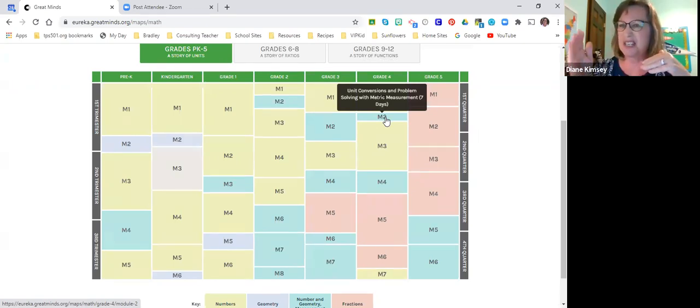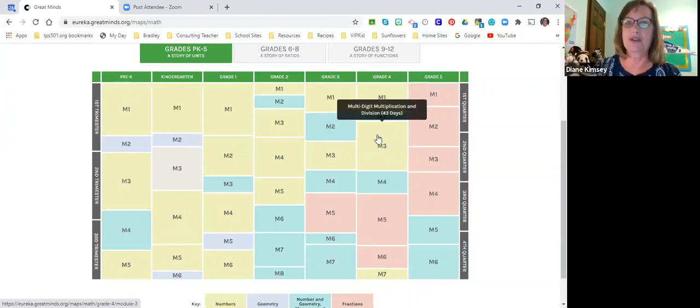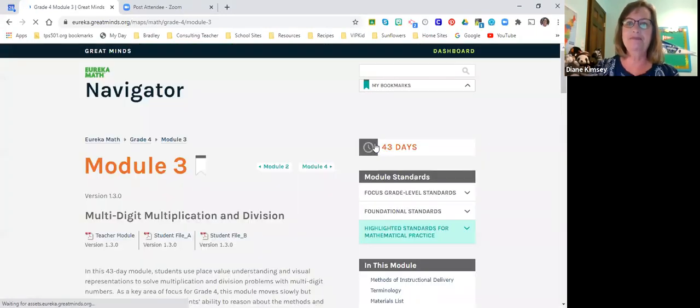This is inches to feet, feet to yards, yards even to miles. This is with weight, with milliliters and liters to teaspoons, tablespoons, cups, and so on, okay, up to gallons. So we're going to look right here at module 3, and we're going to get into multi-digit multiplication and division. So I'm going to go ahead and click on it.